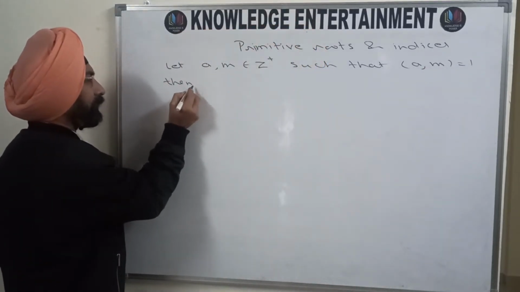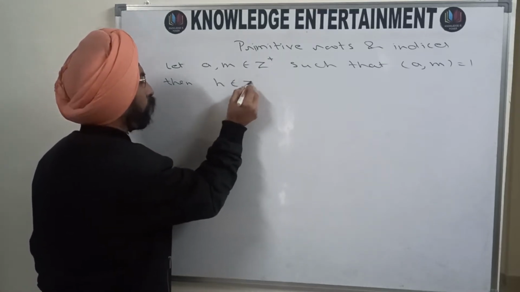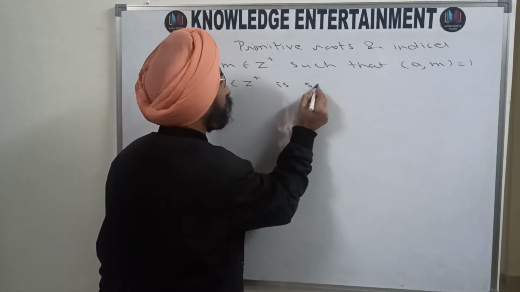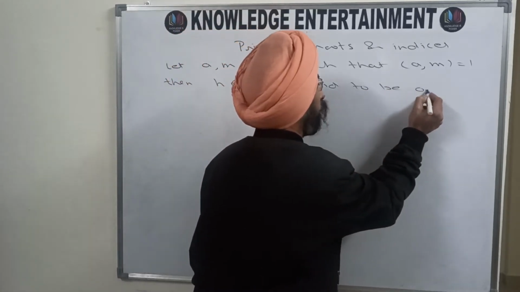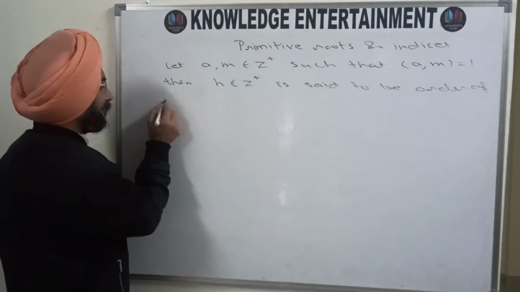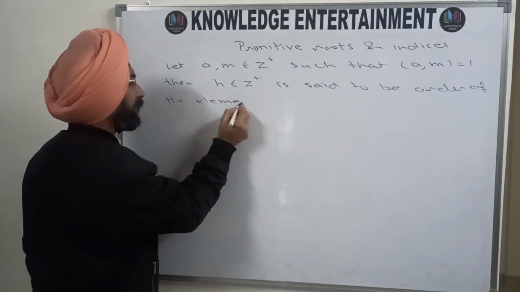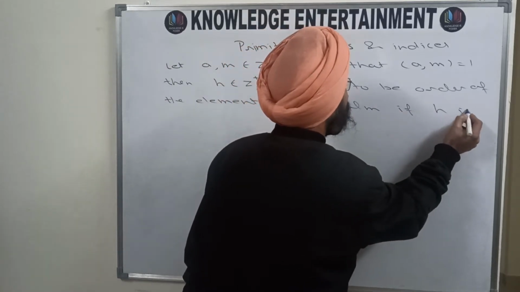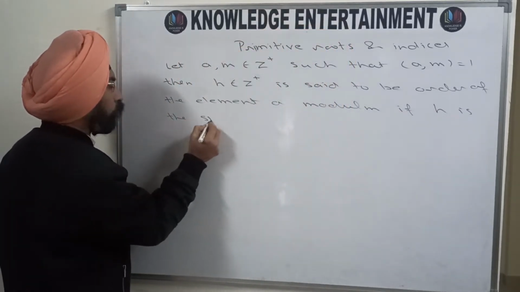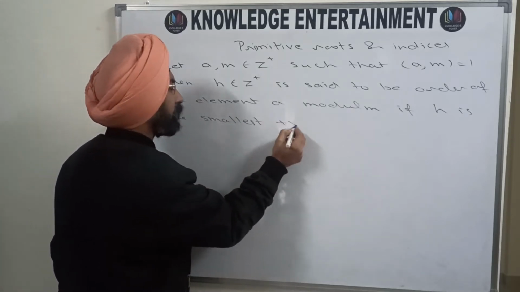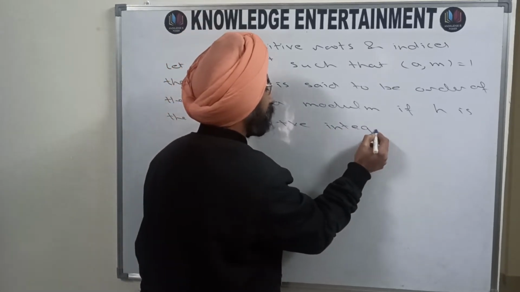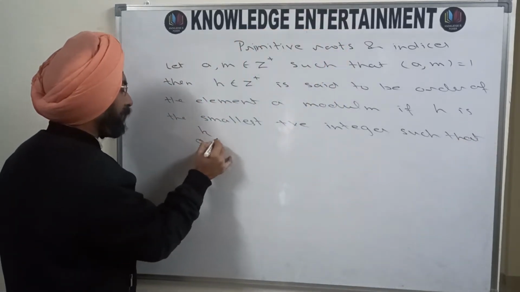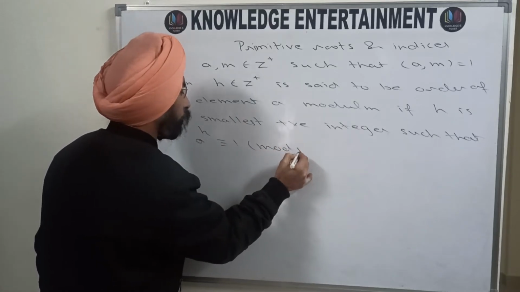Then h belonging to z plus, that means h is also a positive integer, h is said to be the order of the element a modulo m, if h is the smallest positive integer such that a raised to the power h is congruent to 1 modulo m.